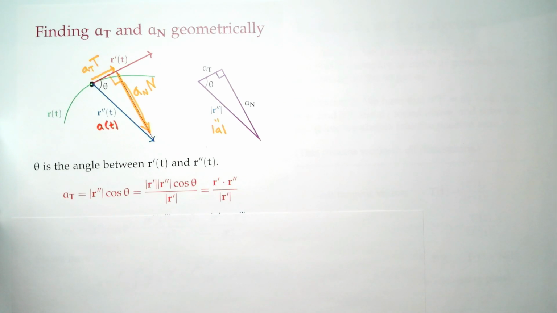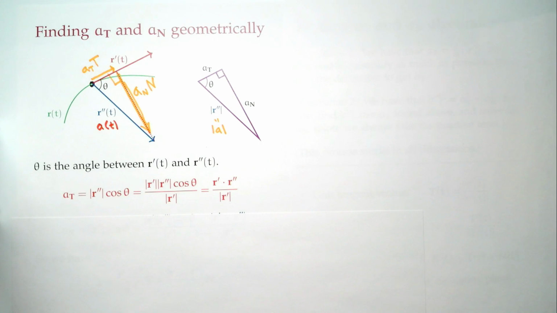So now we can find a sub t. If I know the velocity and I know acceleration, the answer is take the dot product of those two, divide by the magnitude of velocity. That is how much points in the direction of motion. This should hopefully not come as a surprise, because there's another way to think about what we just did. What we've done is what's called projection.